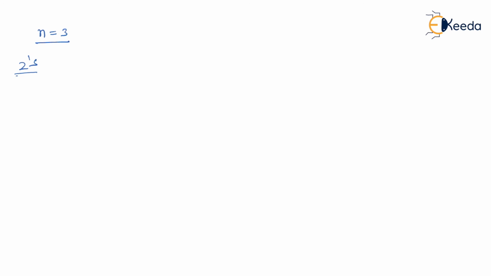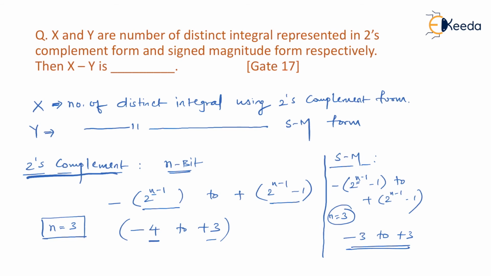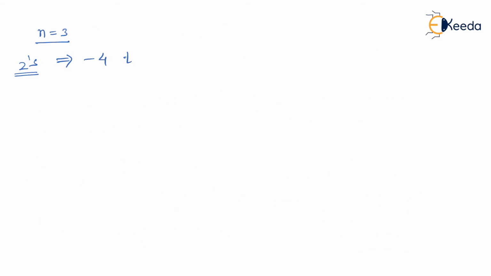So for the 2's complement method, we have seen for n equal to 3, it goes from minus 4 to plus 3, right? So let me write minus 4, minus 3, minus 2, minus 1. Then we have 0, 1, 2, 3. Am I right? This is what we have in 2's complement form.